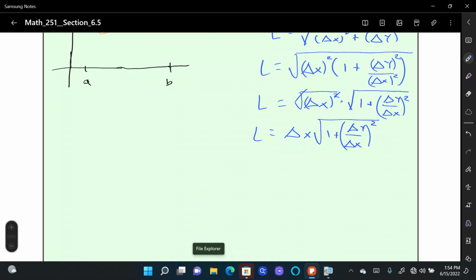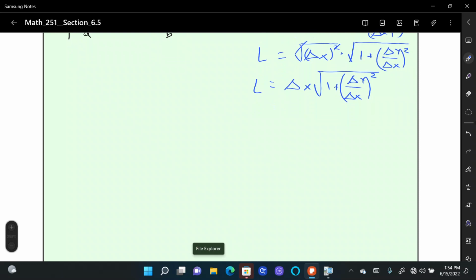Now, do you see that delta y over delta x? We're doing all this process for only a sample of the partition, which later we're going to add infinitely many of, in order to use that argument and come up with an integral form for more practical terms. So that's one length.